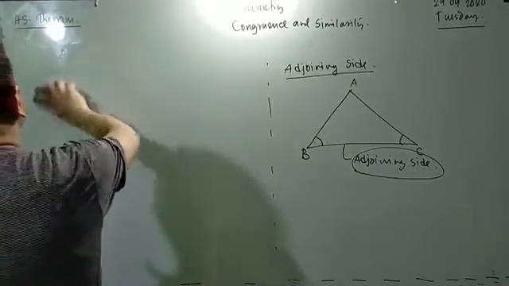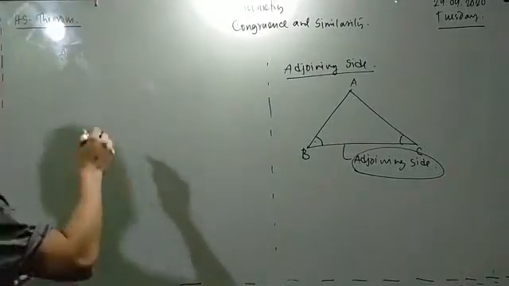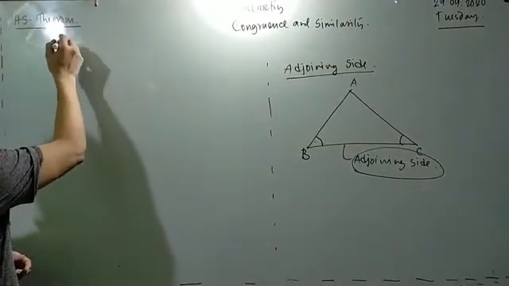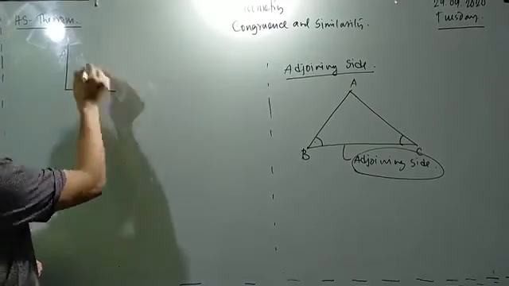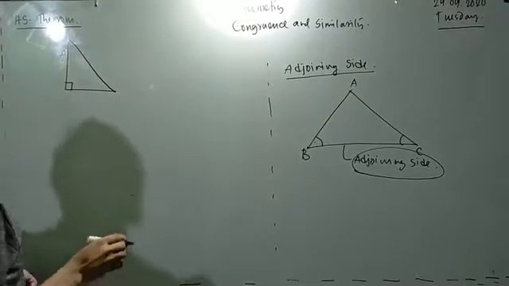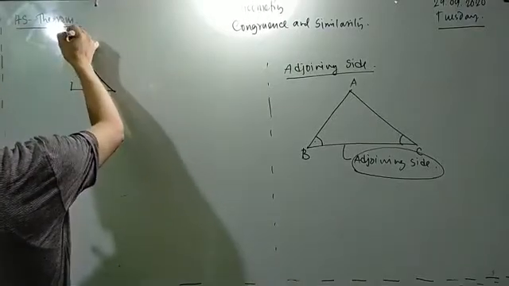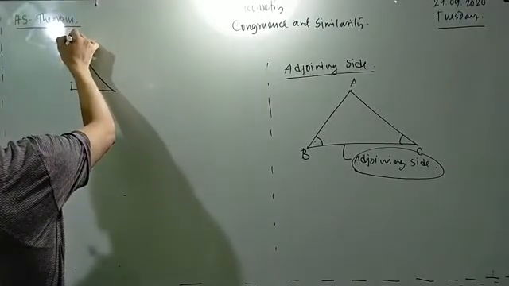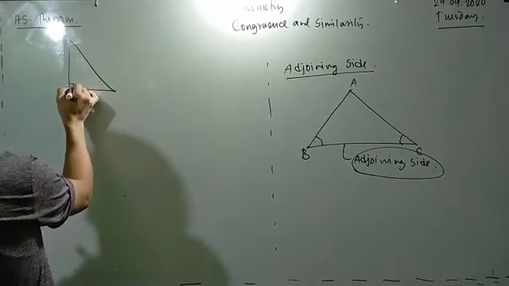I am not writing the statement. I think all of you know about the statement. So I am going directly to the main theorem, drawing this first. This one is a right angle triangle, and this one is another.